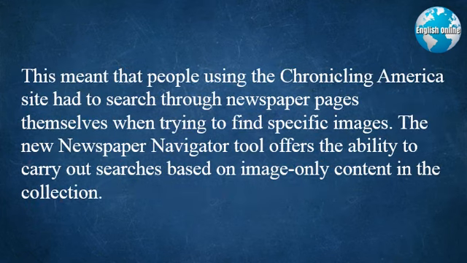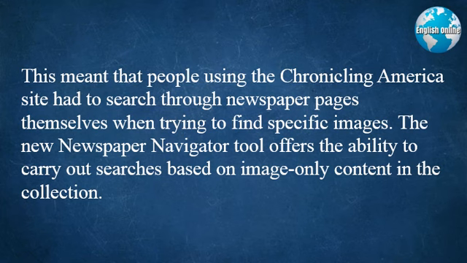This meant that people using the Chronicling America site had to search through newspaper pages themselves when trying to find specific images. The new Newspaper Navigator tool offers the ability to carry out searches based on image-only content in the collection.